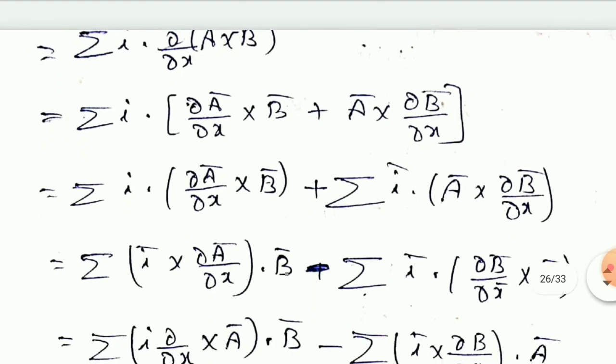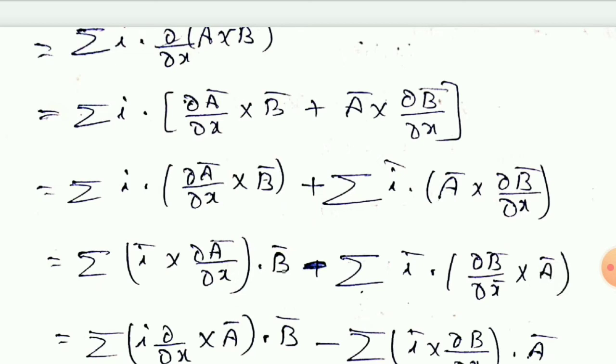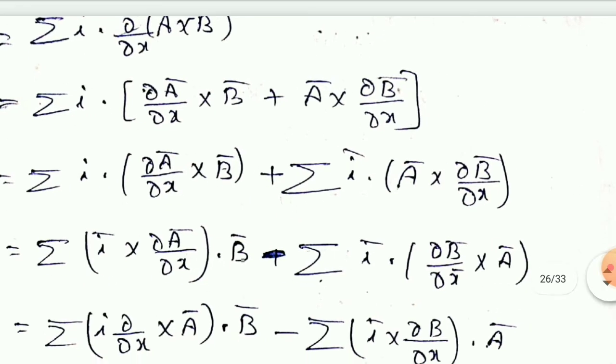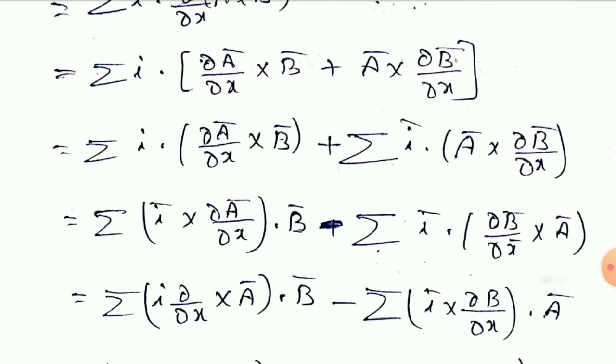Then I take the summation inside: summation i dot first term plus summation i dot second term. This looks like a dot b cross c.